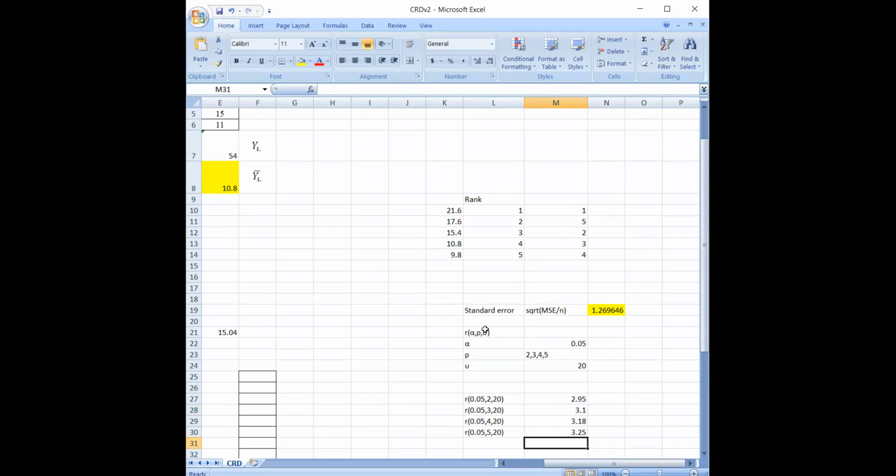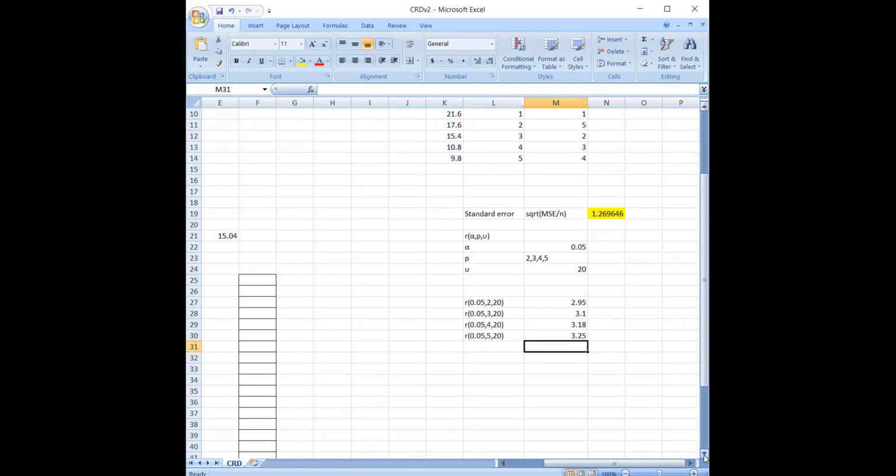Now we ranked our means from largest to smallest, we calculated the standard error of the means, and then we read the table values. After reading the table values, you have to calculate the least significant ranges.